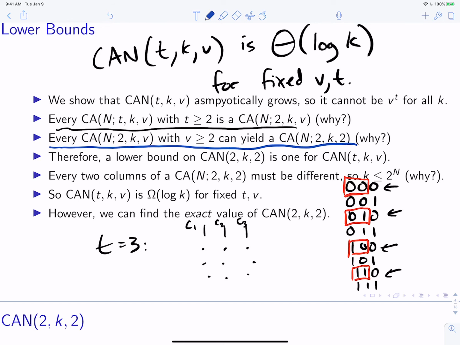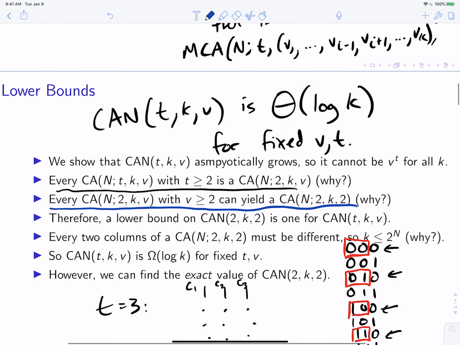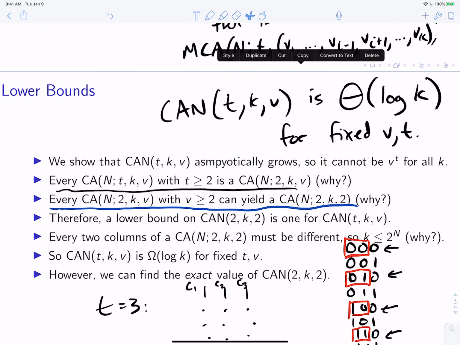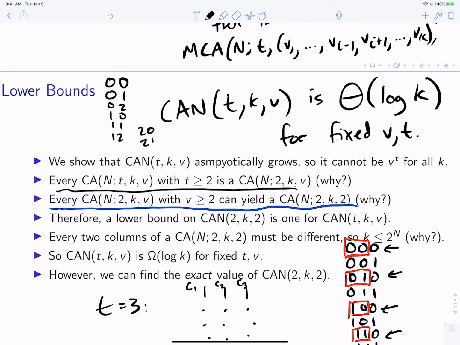This one's a little harder to see, but it's actually pretty simple too. So I'm going to move this over. Suppose that we have 2 columns here, but I'm going to have 3 symbols: 0, 1, 2.